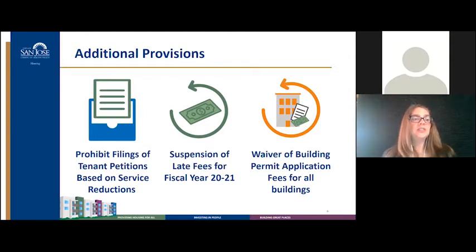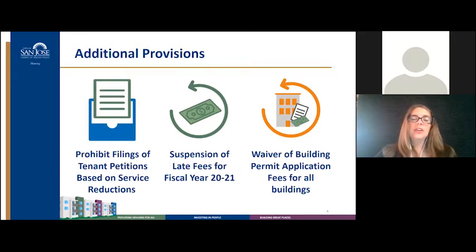Additionally, late fees on outstanding rent stabilization program fees will be suspended for not only the current year, which we're in right now, but also for the coming year. So the suspension of late fees will extend into fiscal year 2021.